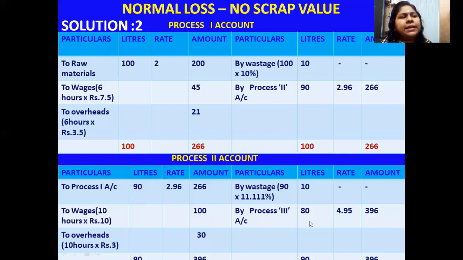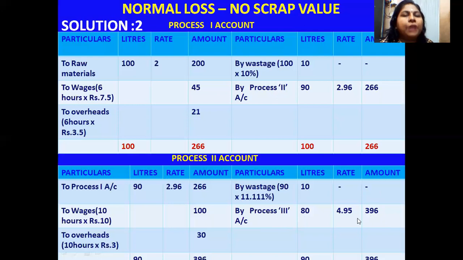Okay. So 80 liters, and whatever amount I debited, 396, I will carry forward here. Since we didn't carry any amount, the same 396 will come. So 396 by 80, what is the rate per unit for this output of process 2?